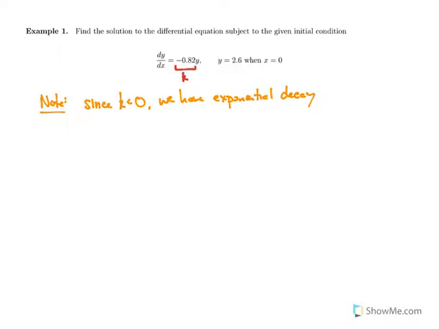So we can use our formula that the solution to this is going to be c e to the kx. k is negative 0.82, and we have x as our variable. The initial condition, which we could also write as y of 0 equals 2.6, is how we're going to solve for c.